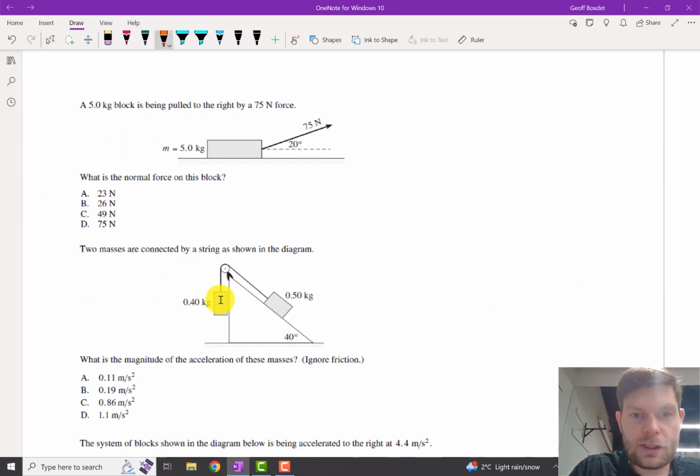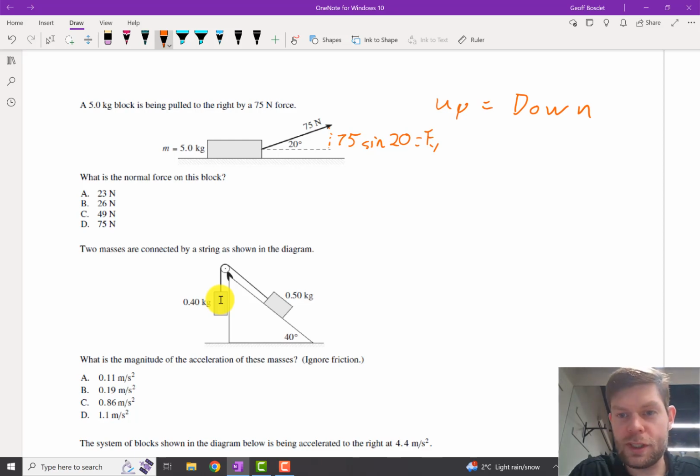Maybe I'll just do this really fast. So if we want to find the normal force, up equals down. We find this component, 75 times sine 20 equals Fy. And our up force is equal to Fn plus Fy, which is whatever this is equal to.